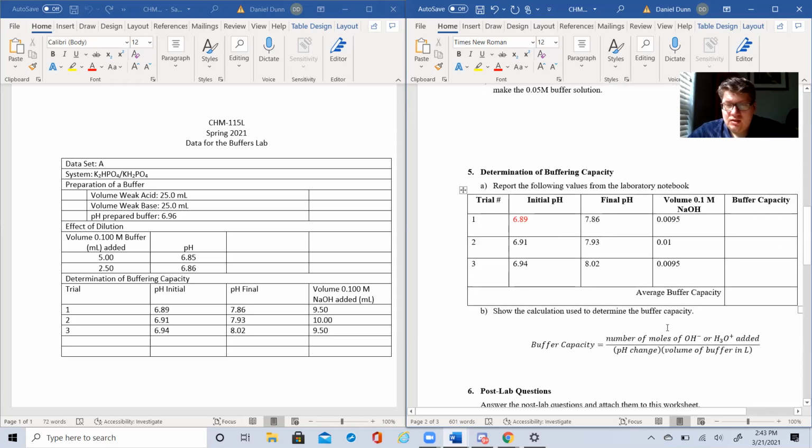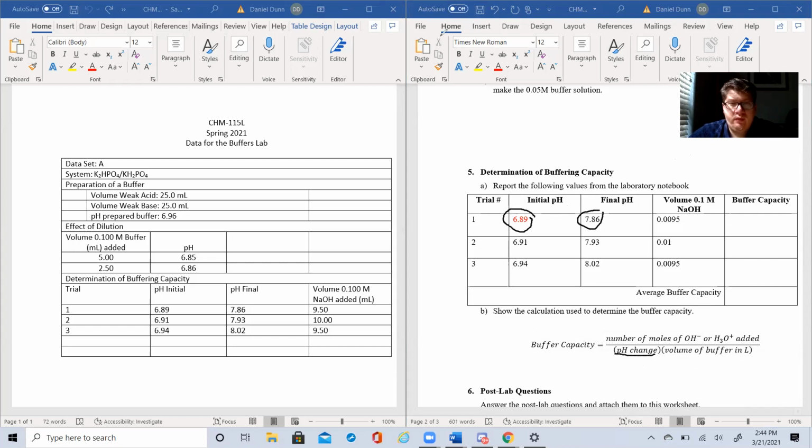So buffer capacity is going to be the number of moles over the change in pH over the volume of the buffer. So what this basically means is you're going to do the change in pH, so final minus initial. That goes right there.